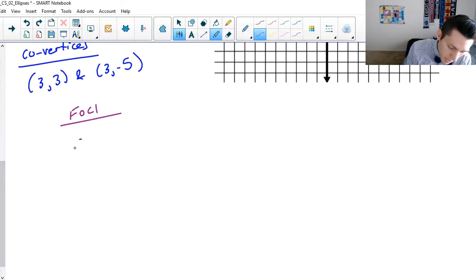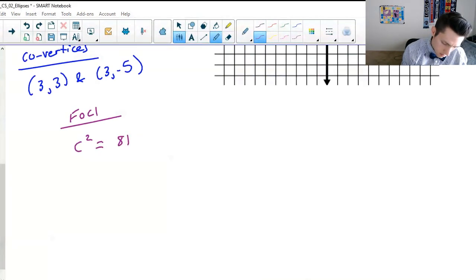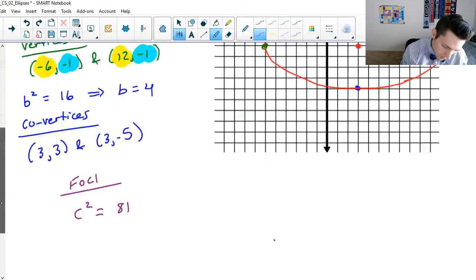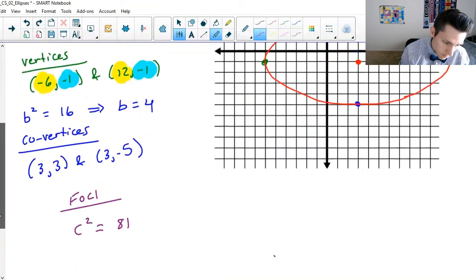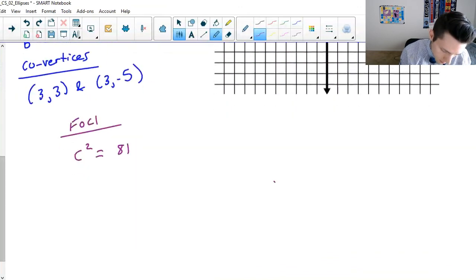All right, so for the foci, c squared equals a squared minus b squared. Okay, so I already forgot what it was, wait, 81 minus 16, right? Okay. 81 minus 16.